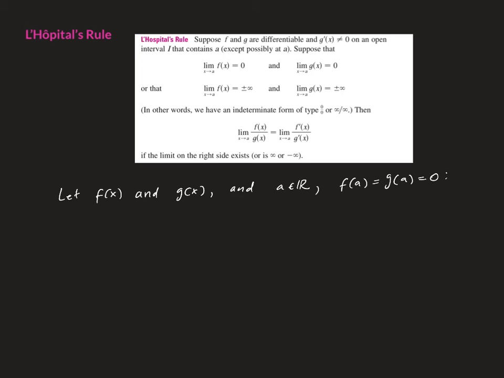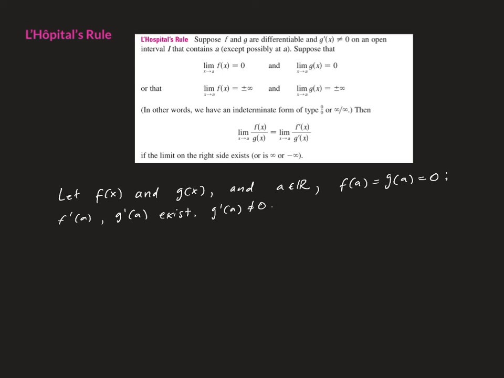Additionally, the derivatives of f and g at that value of a exist, and in particular g dash of a is different from 0. So we're going to assume these conditions to give a very soft proof of L'Hopital's rule. And because these conditions are required, this proof is not valid for every function. It's only valid for functions that have a value of 0 at a.